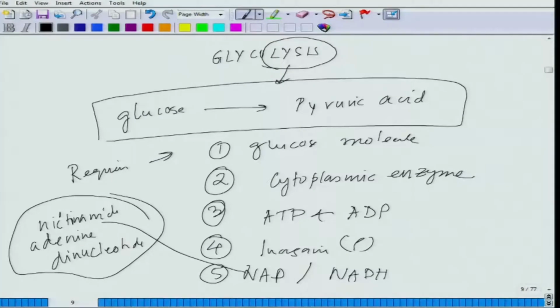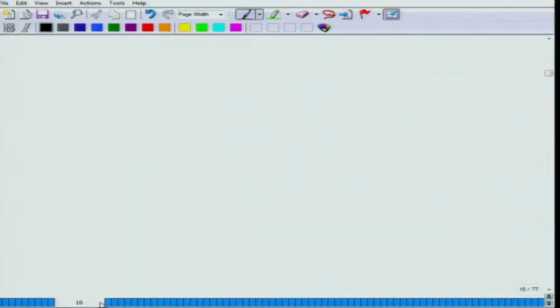So, what are the steps in glycolysis? As we already talked about, this is happening inside the cell. Let me demarcate it like this: the green line is inside the cell. The glucose is coming inside the cell, and glucose is converted into glucose 6-phosphate.